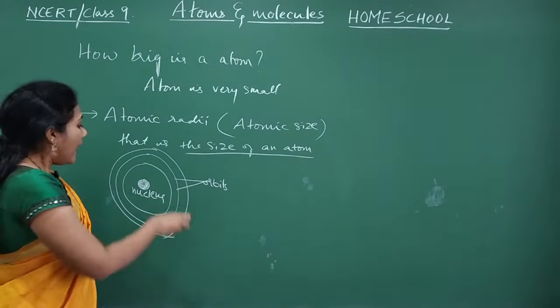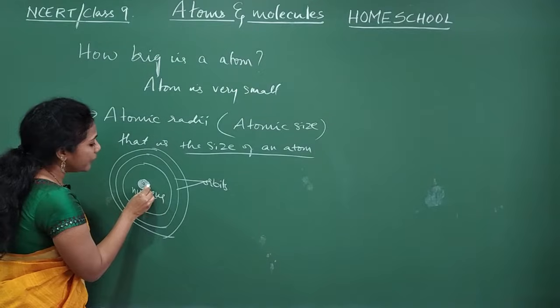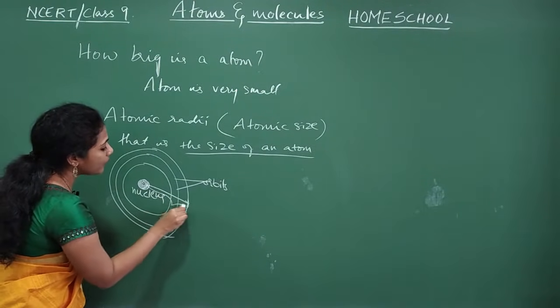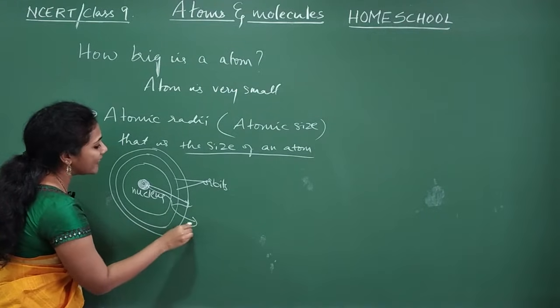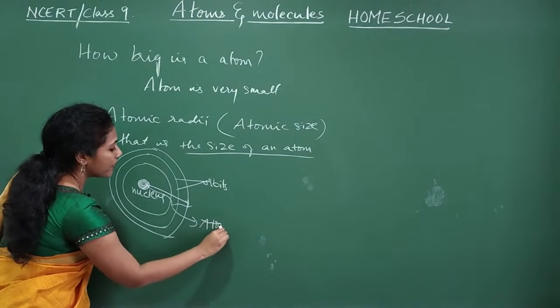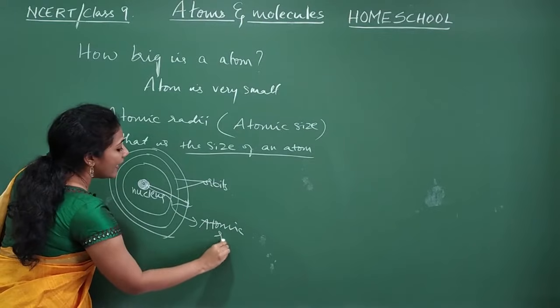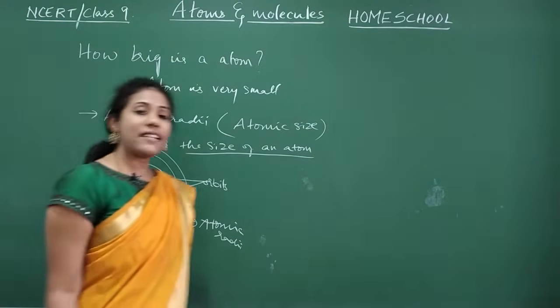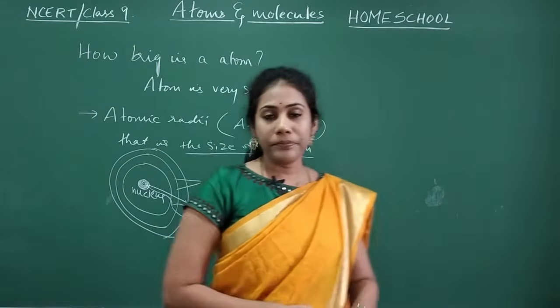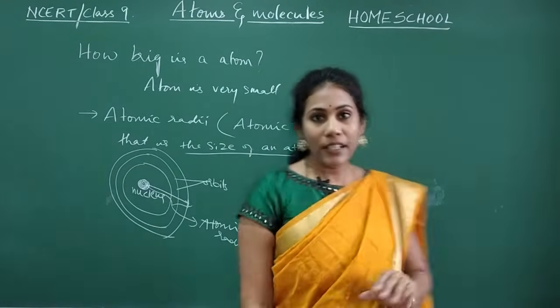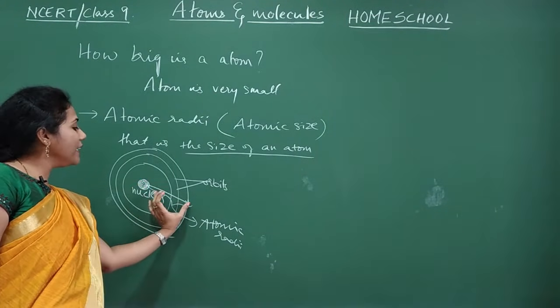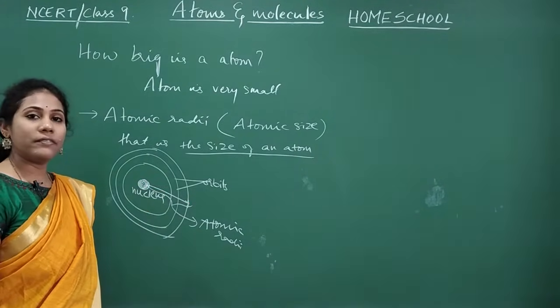The distance between the nucleus and the last orbit is what we will call atomic radii, and that itself is considered the size of the atom. Clear, everybody? It is the distance between the nucleus and the last orbit.